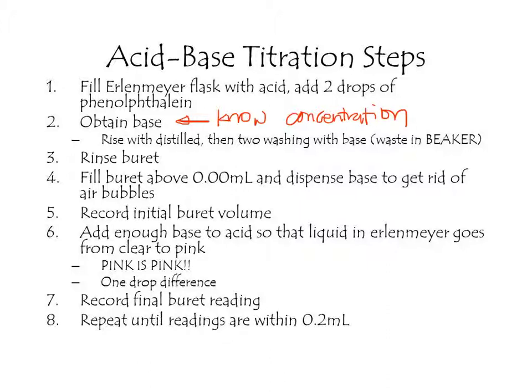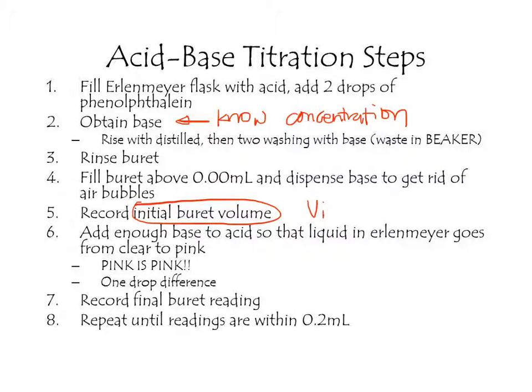Now, what you're going to do is fill the burette to the line where it says 0.00 mL, make sure you get rid of the bubbles and record your initial volume. Okay, this is really important. You need to know your initial volume.